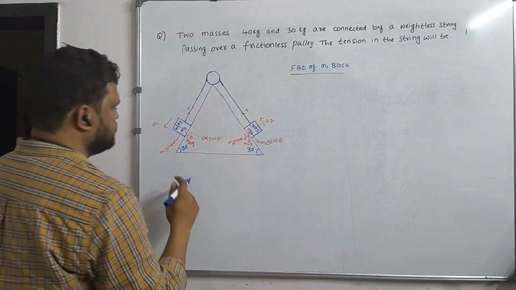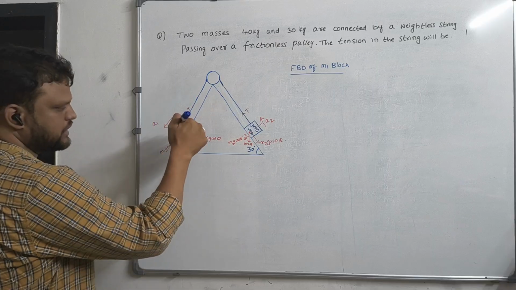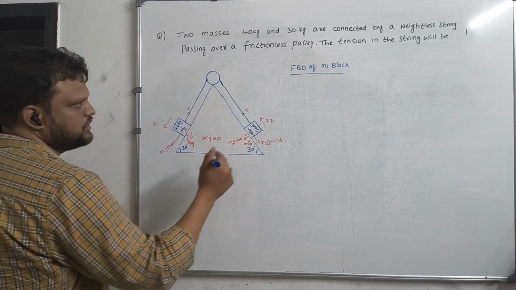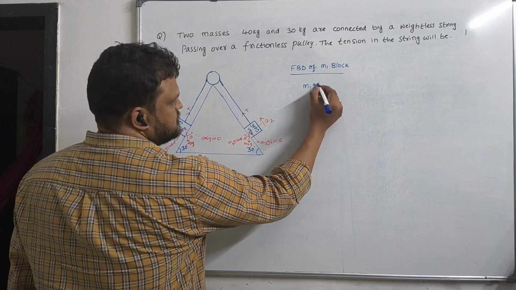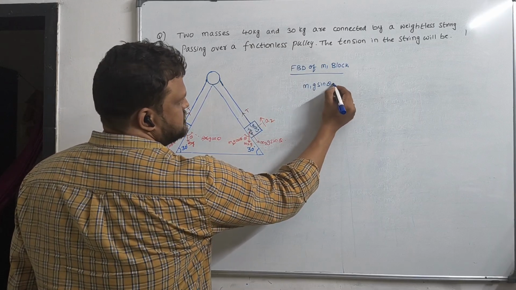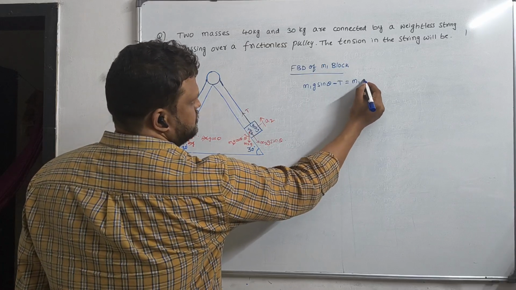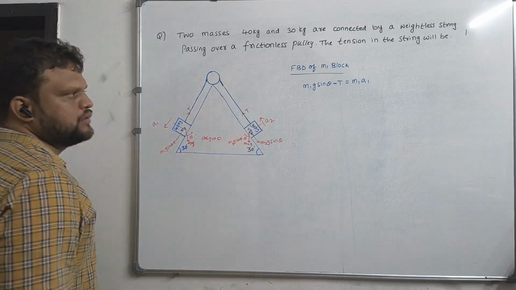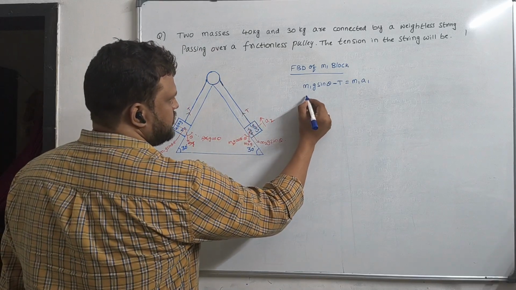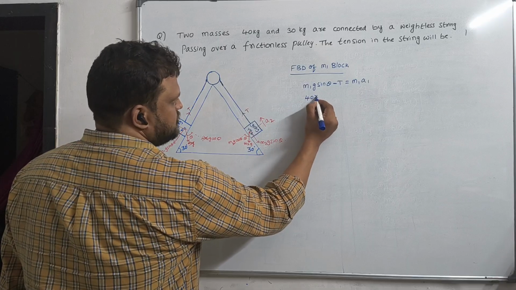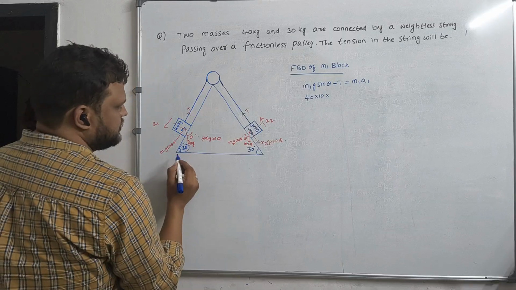So FBD of the M1 block. You see here the acceleration is downwards, tension is upwards, and M1G sin theta is downwards. Now this equation will become M1G sin theta minus T equals M1 into A. What is the M1 value given in the question? 40 into 10 into sin theta, and theta is given as 30 degrees.